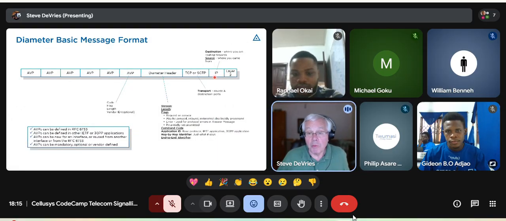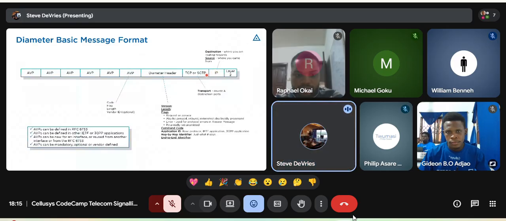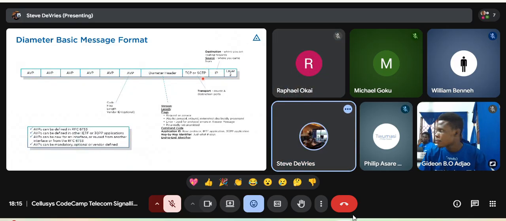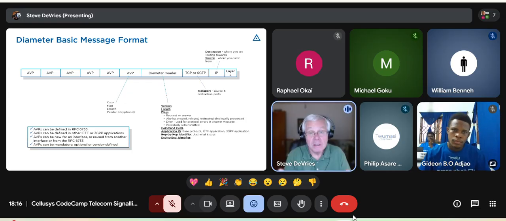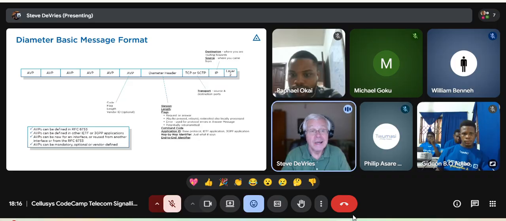So again, this is how it routes. It routes to the destination via IP, using the destination address and the source address. The transport layer, which defines the ports, is either going to be TCP or SCTP. Diameter will have a header, which just has some information on it. And then the actual parameters, the actual information that you're conveying between these nodes, these devices, are called attribute value pairs, AVPs.